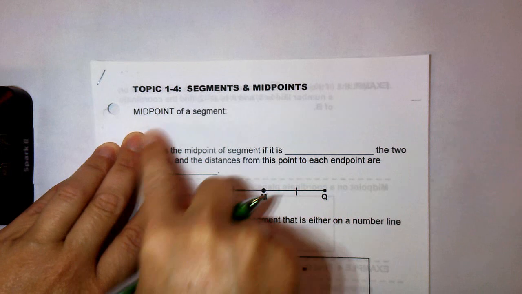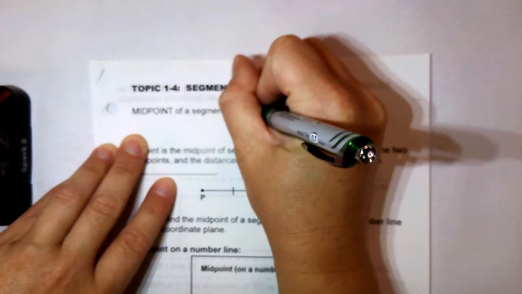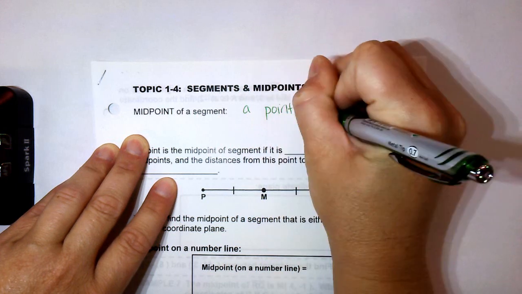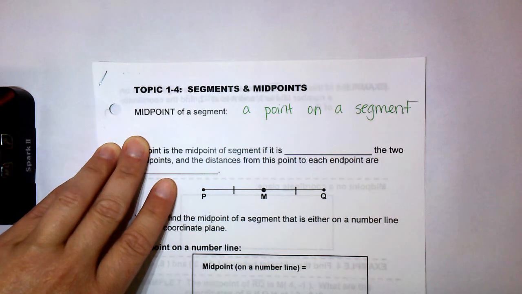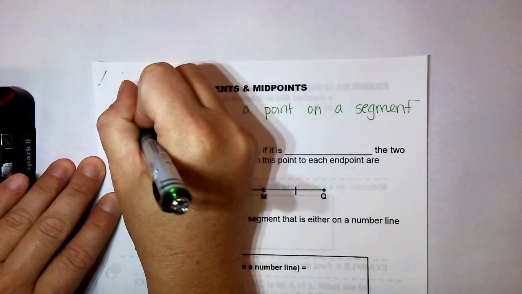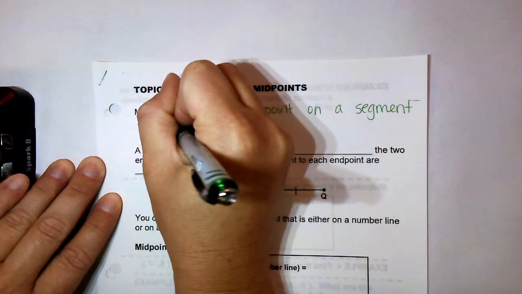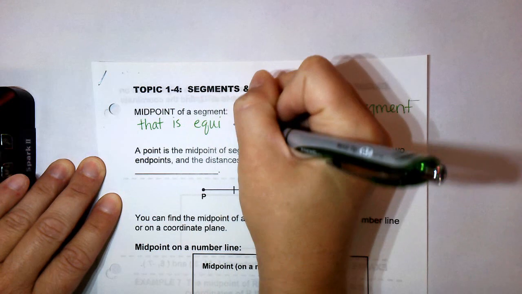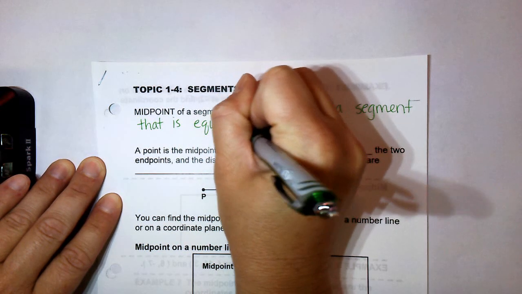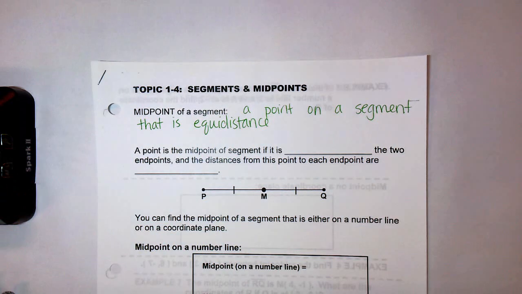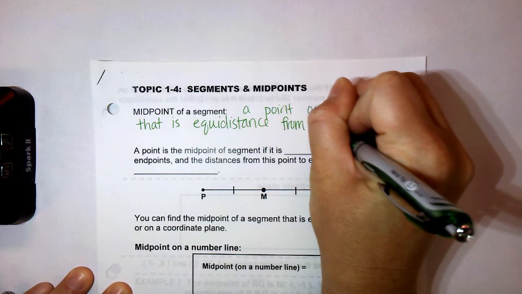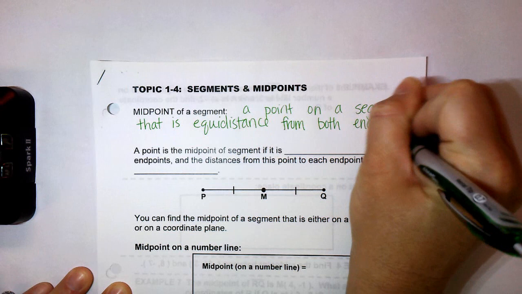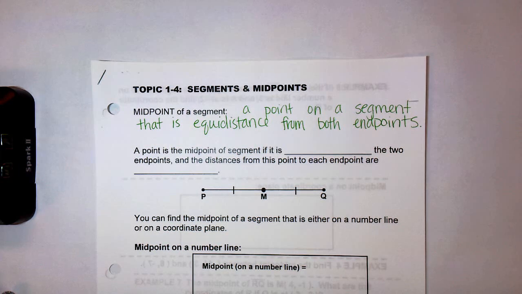The midpoint of a segment is a point on a segment that is equal distance from both endpoints.